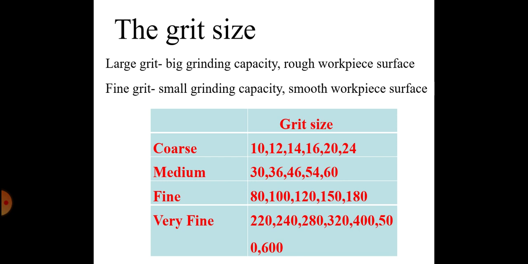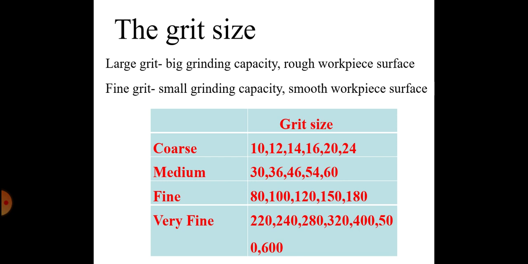Coarse grit sizes are 10, 12, 14, 16, 20 up to 24. In medium, grit size is 30, 36, 44, 46, 54, 60.